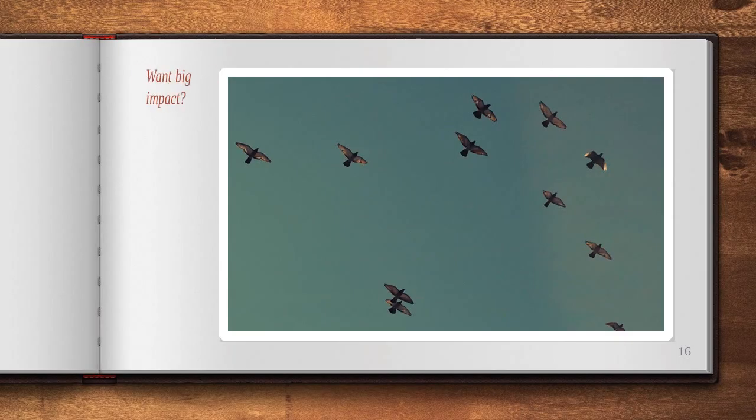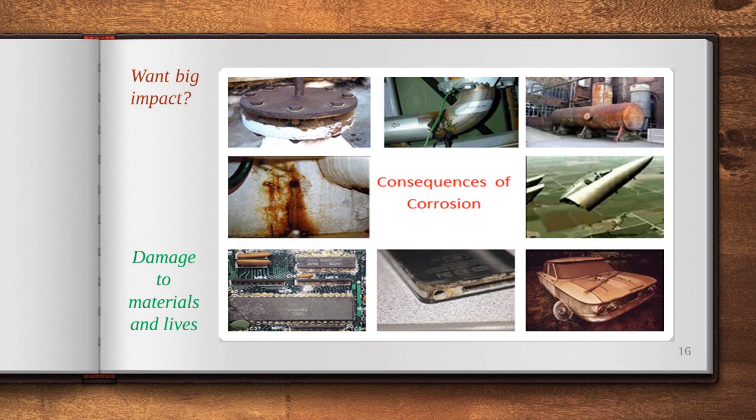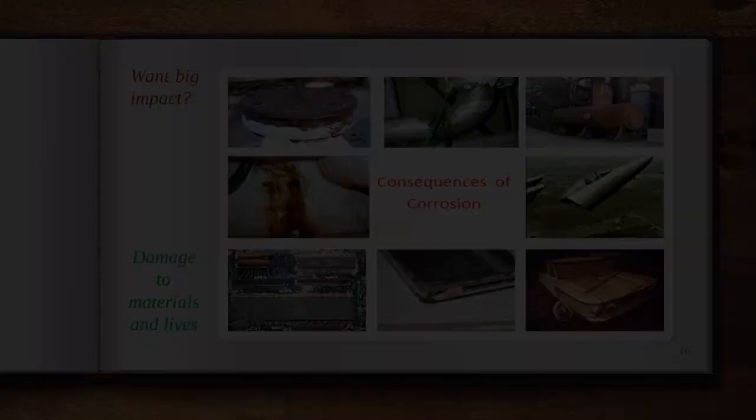So what is the big impact about this corrosion? It causes damage to materials and lives. It causes damage to the infrastructure, the containers in industries, pipes, even an aircraft, the electronic goods and transportation like car.